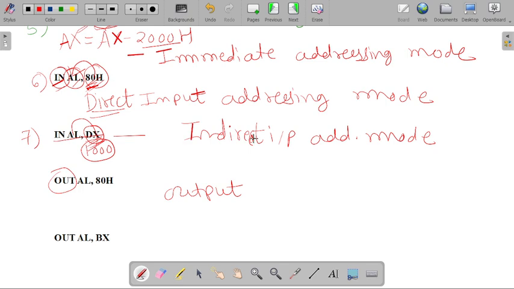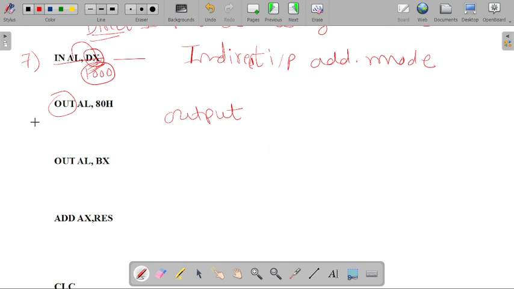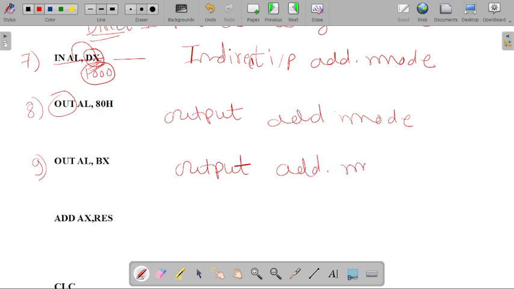Now, in the eighth example, it's given. These next two examples are given for output addressing mode, because the out instruction will be given in that example. So see here in the eighth example, OUT AL, comma ATH.